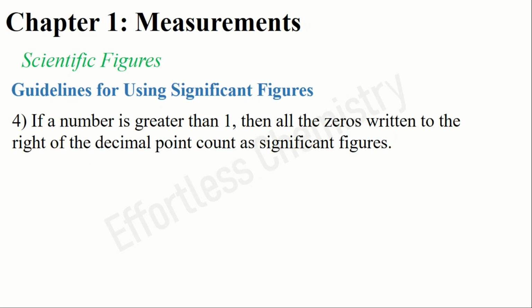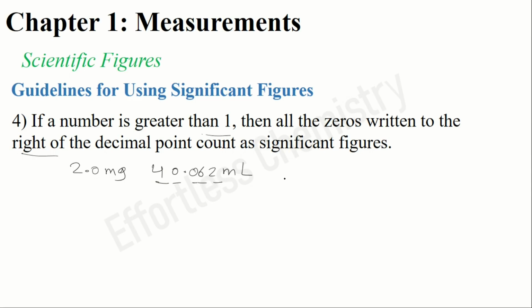Rule number 4: if a number is greater than 1, then all the zeros written to the right of the decimal point count as significant figures. Thus, 2.0 milligrams has 2 significant figures, or 40.062 milliliters has 5 significant figures: 1, 2, 3, 4, 5.